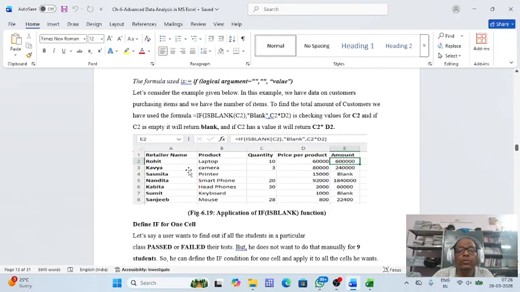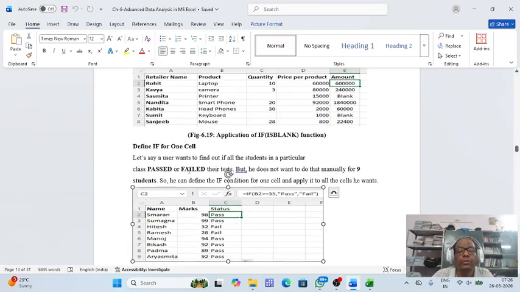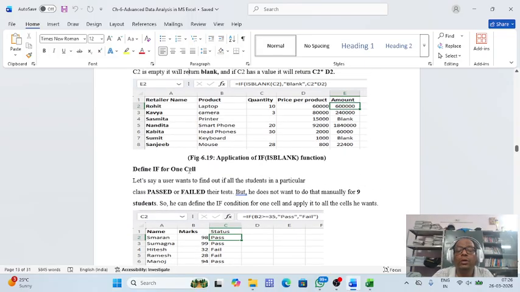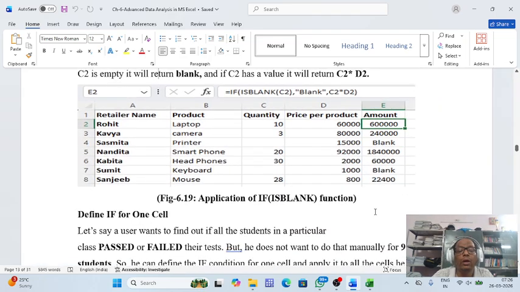So we'll go for the ISBLANK function first. See here, what is the ISBLANK function? In this case, the retailer name is given, like Rohit, Kavya, and the product name they have purchased, the quantity they have purchased, and the price per product is given, and the amount is nothing but the multiplication of price per product and quantity.